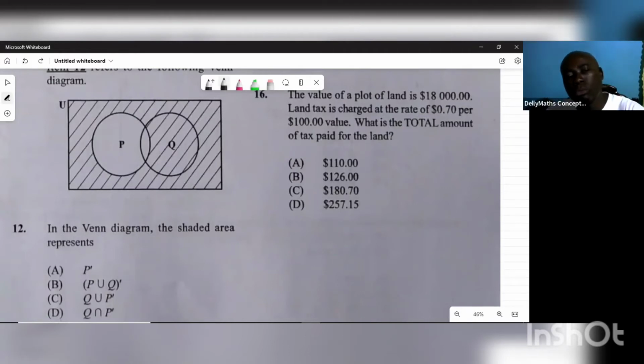So the complement refers to everything outside of the thing you're mentioning. In the Venn diagram, the shaded region represents P complement. Why? P is not shaded and everything surrounding P is shaded. The only thing that's not shaded is this circle. Since this circle was not shaded, what was shaded is the complement of that set. So the answer here is P complement.